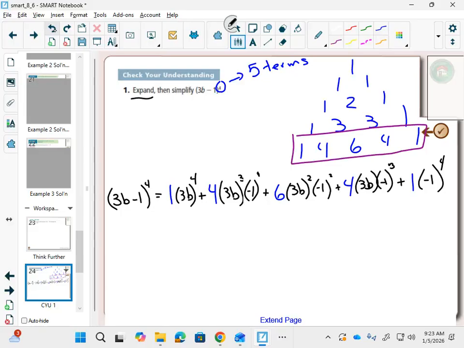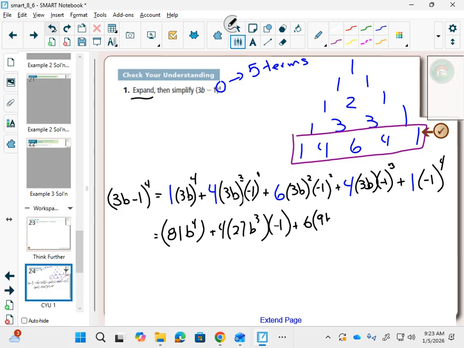Order of operations. What do you do first in order of operations? Brackets, then exponents. The brackets right now are just holding numbers, so there's no math to do inside of brackets, but we do have exponents. So I would start expanding. And here, well, the 1 I don't even have to write, but 3 to the 4 is 81 b to the 4 plus 4. 3 cubed would be 27 b cubed, and still have a minus 1 plus 6.